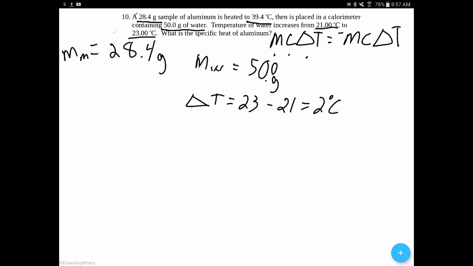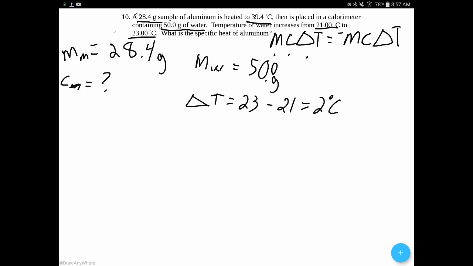That is our change in temperature for water. And it's asking for the specific heat of aluminum. So we have specific heat of aluminum, which is C of metal, is our question mark.